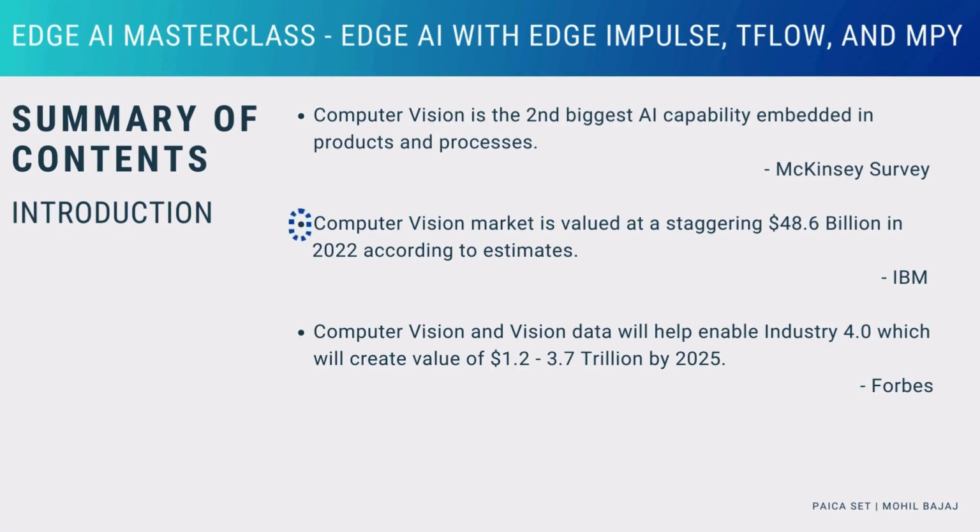And again, this is just the computer vision market and not the total value of products and services that deploy computer vision. Forbes gives us a number for that. According to Forbes, computer vision and vision data will help enable Industry 4.0, which will create value of $1.2 to $3.7 trillion by 2025. That is bigger than the country with the 5th largest GDP in the world, according to World Bank's 2023 estimates.